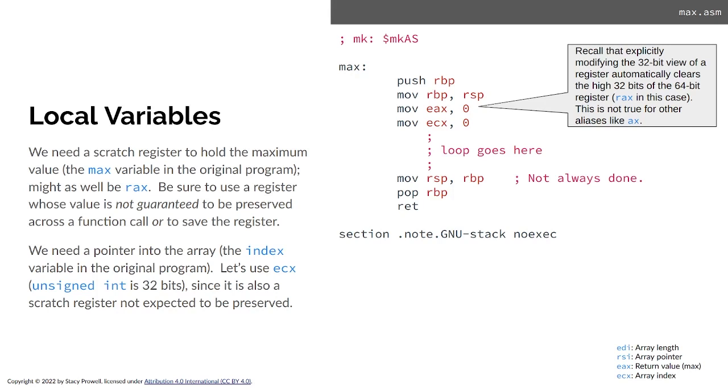So we're free to override it. It's not a register that the caller expects us to preserve, obviously, because it's going to hold the return value. So that's a good choice for our max, which is what we're going to return anyway. It's like setting a return value variable, and then at the end we just return the return value. Okay. So that will hold our max, and we'll put 0 in there as our initial max.